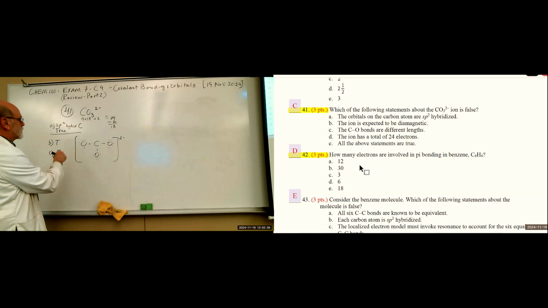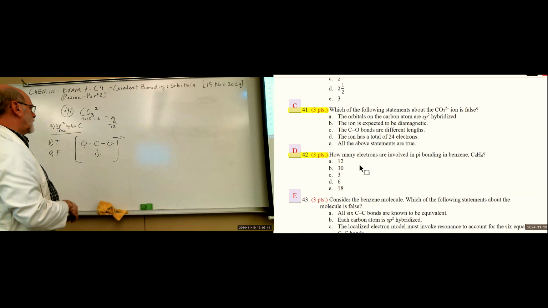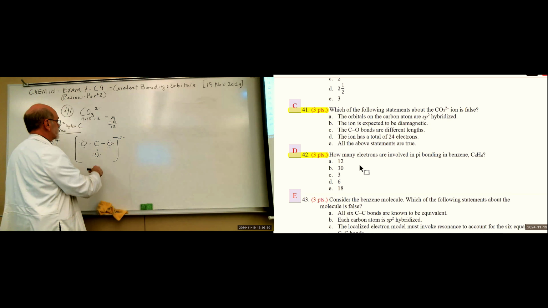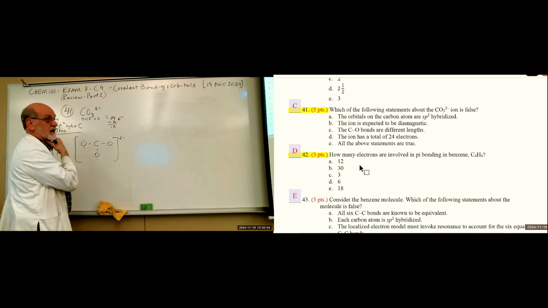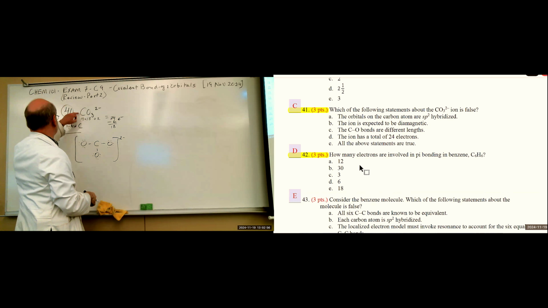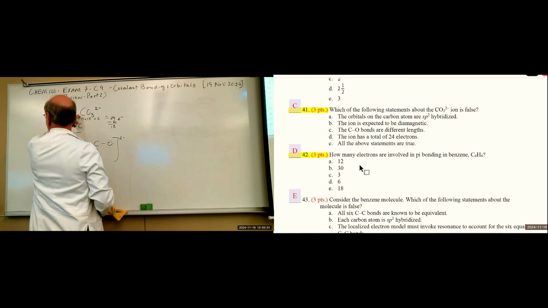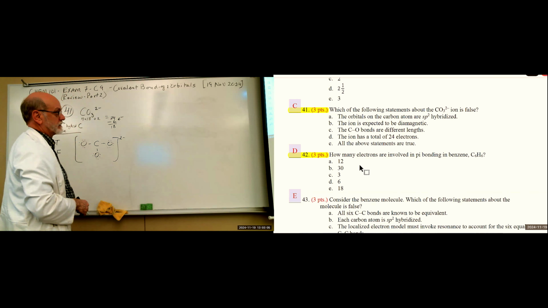D: Has a total of 24 electrons. Well, but that's misleading too, because it has a total of 24 valence electrons. Right? But if we say total electrons, we have 3 times 8 is 24, and 6 is 30.